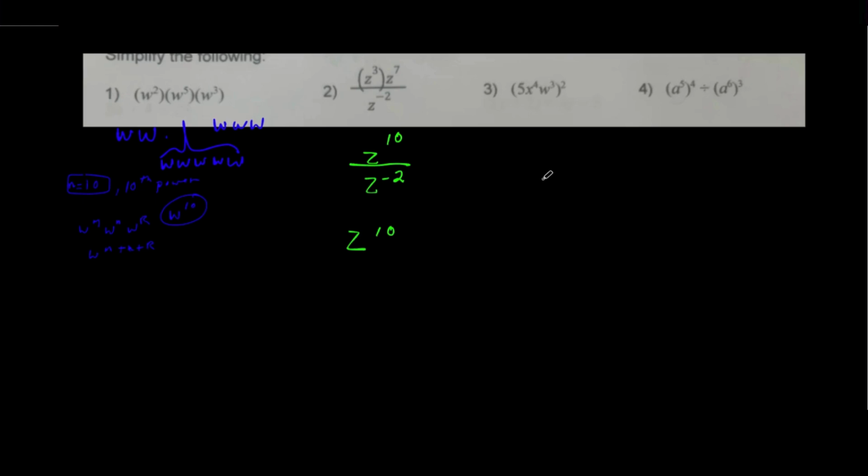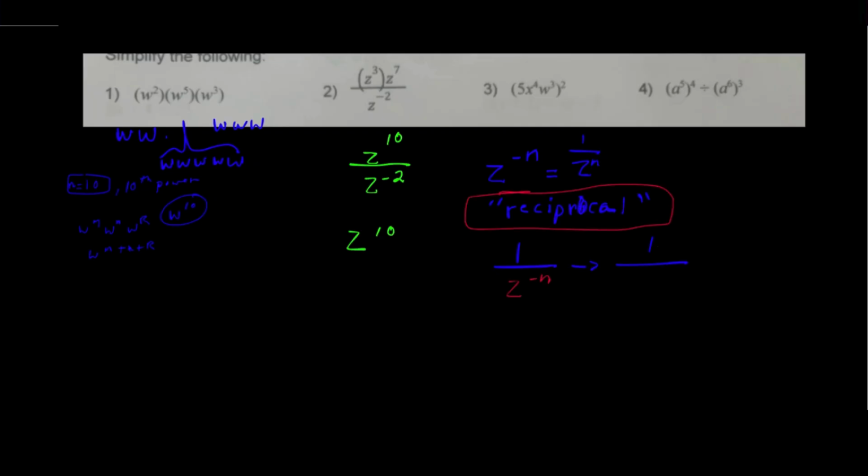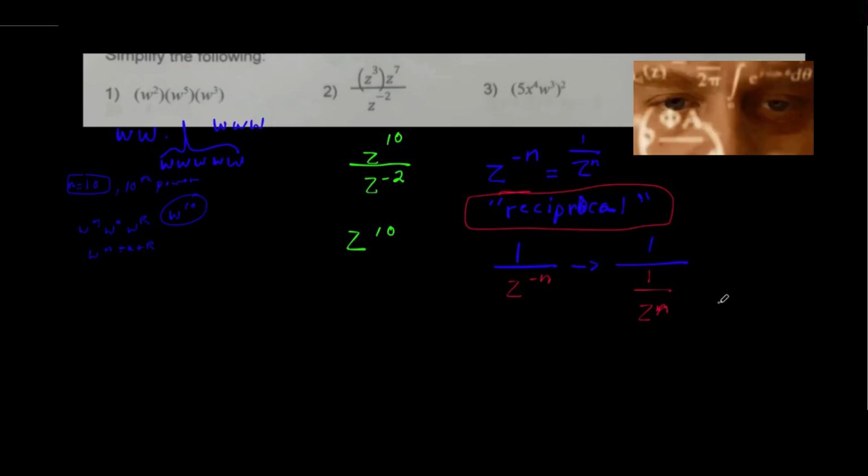But let me just give you both of them. If I had z to the negative nth power, I would do the reciprocal. If you really want to prove this, just do 1 and then do that. And then you could do 1 over z to the n if you wanted to, right? Because that is the reciprocal. But when you have 1 over something, then technically you keep it, change it, flip it, right?